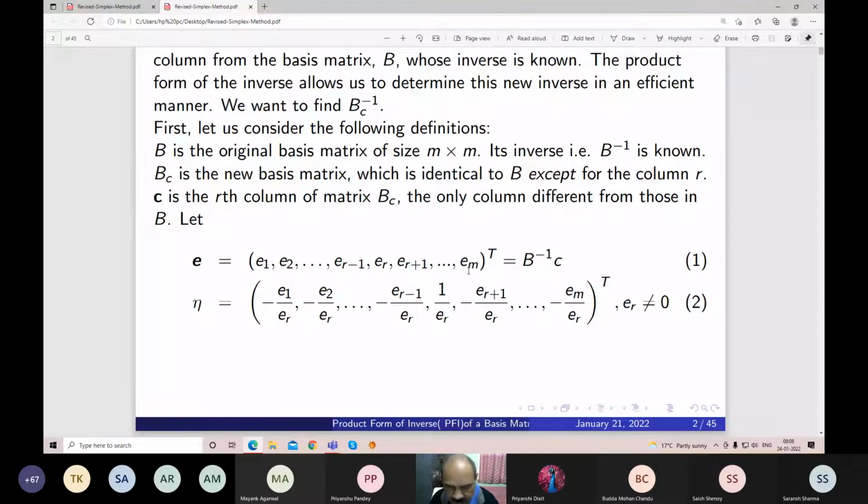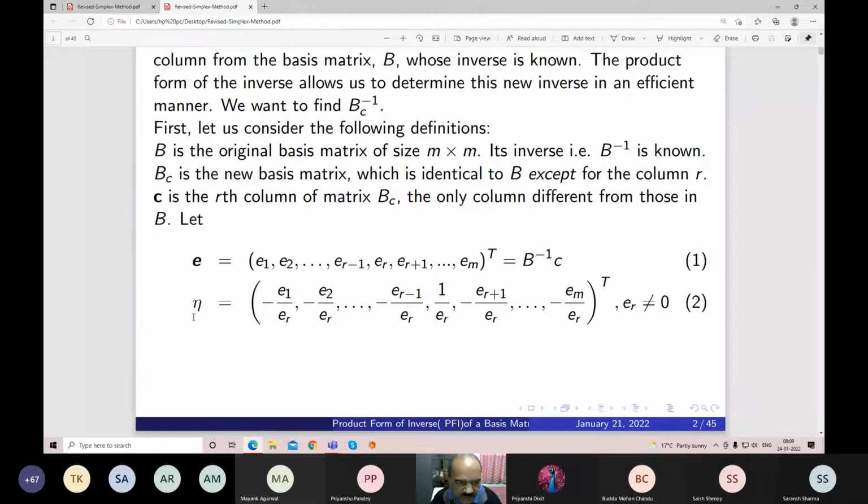This we have obtained after multiplying B inverse with C. Once E is known, we compute a new column vector, let us say eta.